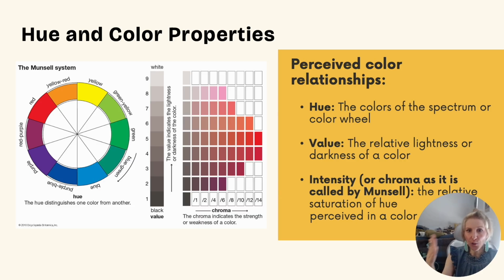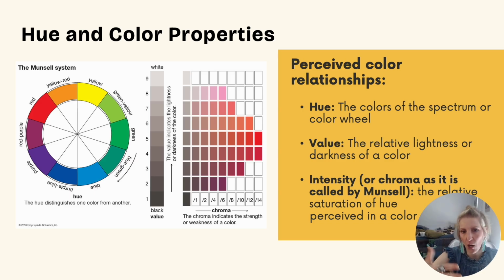So within hue and color properties, we have perceived color relationships, right? The hue, again, are the colors of the spectrum or the color wheel. The value is the relative lightness or darkness, this time applied to color. And the intensity or chroma, and it's called chroma within the Munsell color chart.